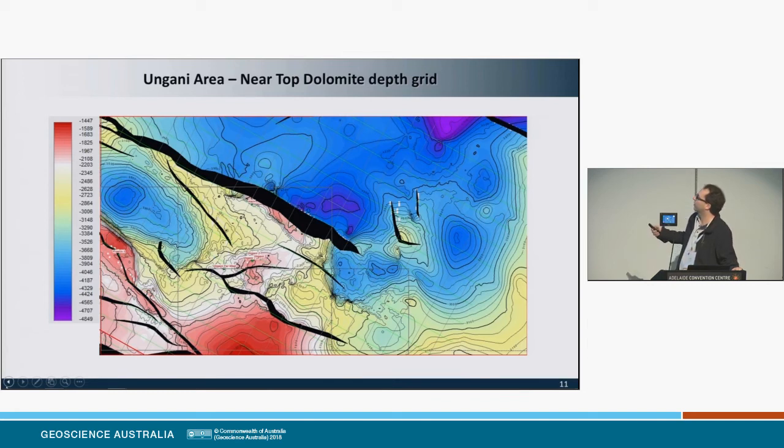And then on this side, this is a really interesting structure that we're exploring at the moment called Yakamunga. Looks pretty big, looks pretty interesting. Could be a game changer for Buru if it comes in. So this image is a depth image based on some 3D seismic we've shot recently, and the 3D seismic runs up and around through here, and then the rest of the image is based on some 2D.